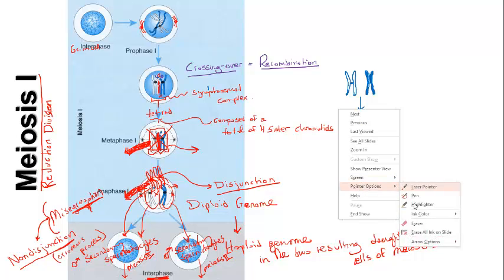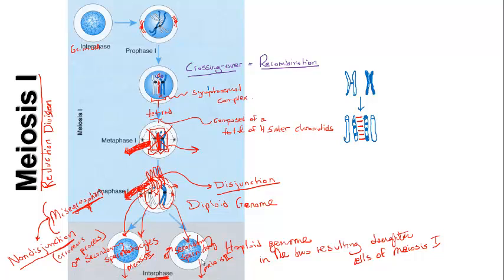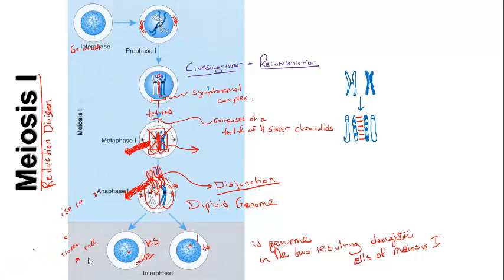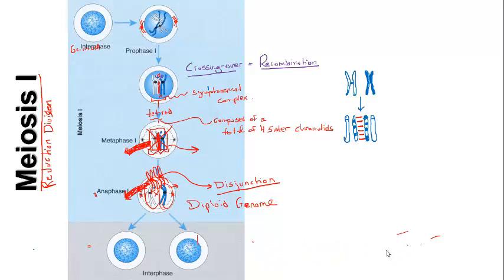In the females, however, let me go erase a lot of this junk so we can better write in what's going on. In the female gonads, aka the ovaries, the two daughter cells that enter interphase of meiosis 1 have two different fates.